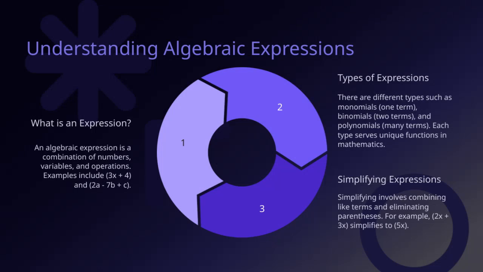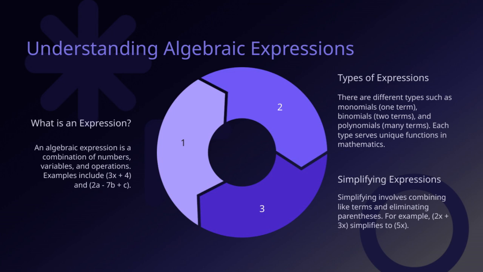When we talk about simplifying expressions, the key idea is to make them easier to work with by combining like terms and removing any parentheses that might be there. For example, if we have 2x plus 3x, we can simplify that to 5x, because both terms are like terms. They both involve x. Simplifying helps us see the core of the expression more clearly and makes calculations much more straightforward.